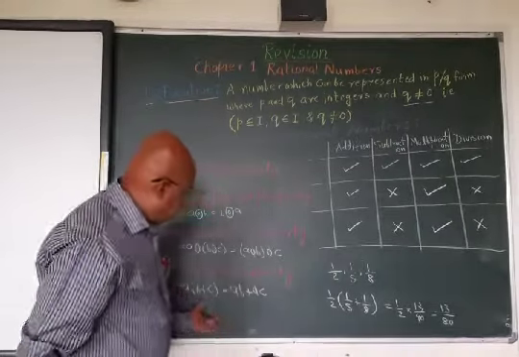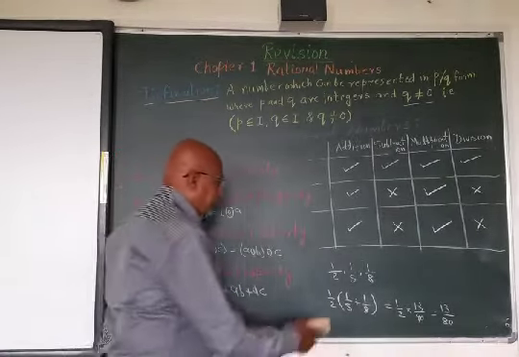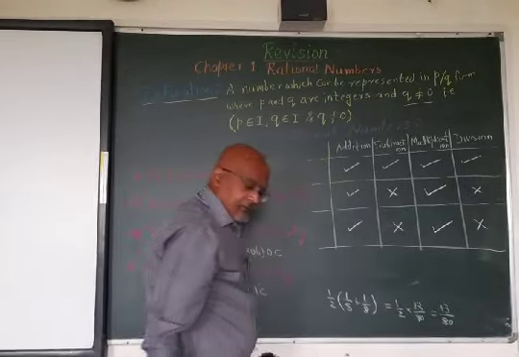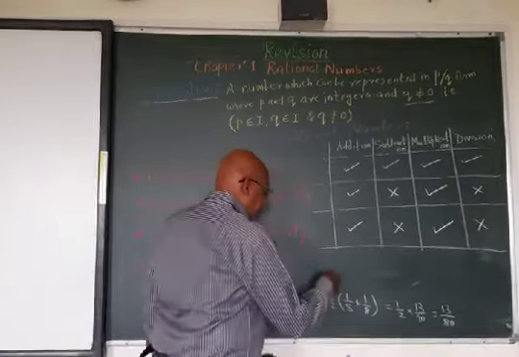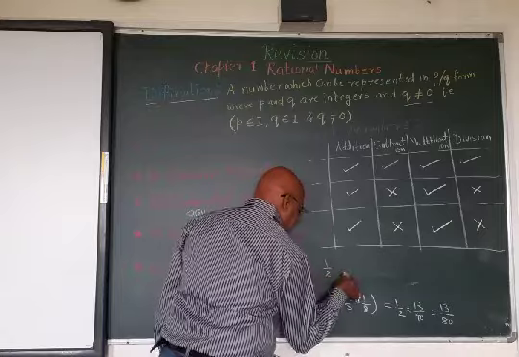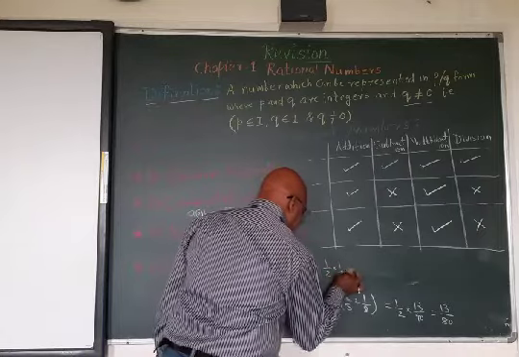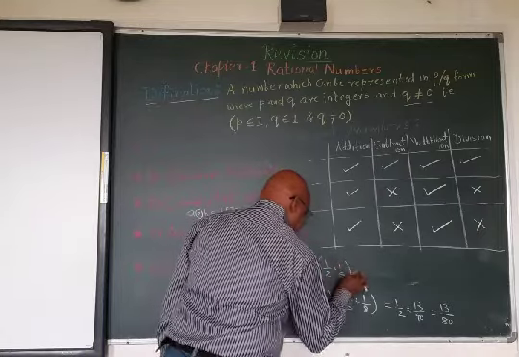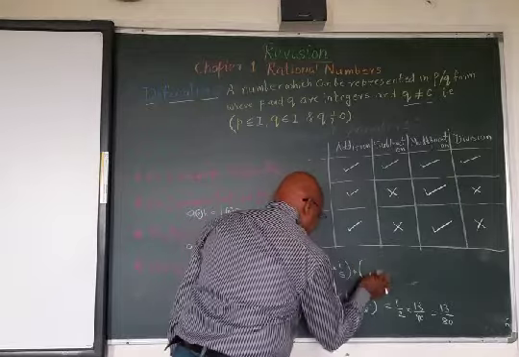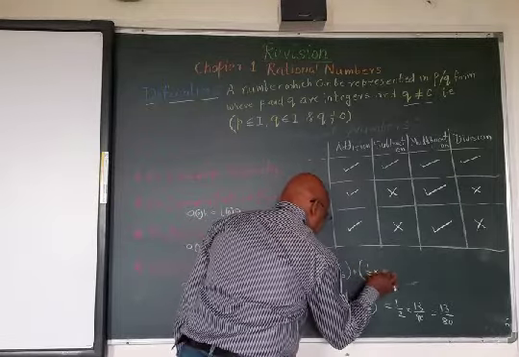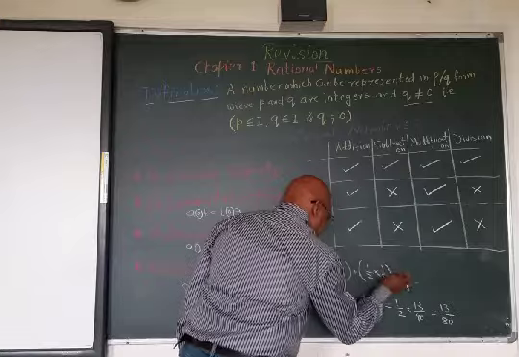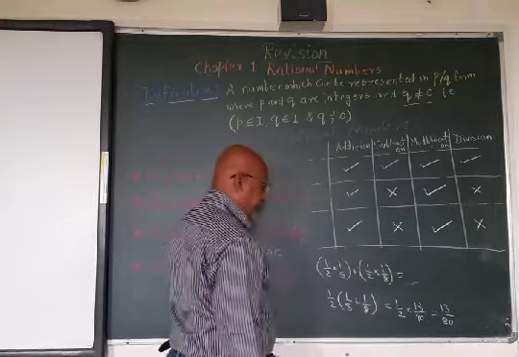If I distribute in this way, what will be the result? So 1 by 2 multiplied by 1 by 5 plus 1 by 2 multiplied by 1 by 8. What do I get?